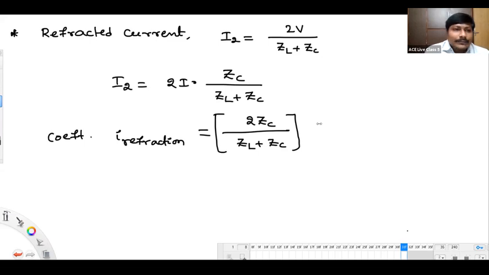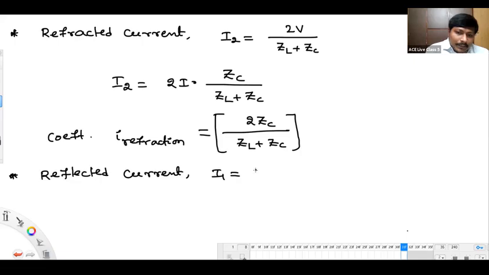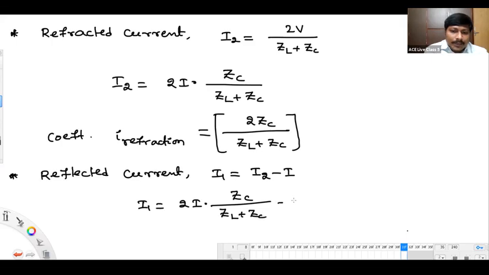Take the current reflection. So you write reflected current I1, which is nothing but refraction minus incident. So you can get here 2I into ZC by ZL plus ZC minus I, and you take the current common.